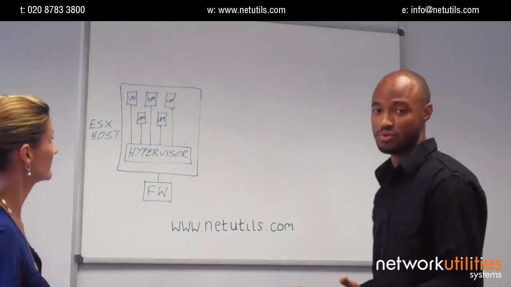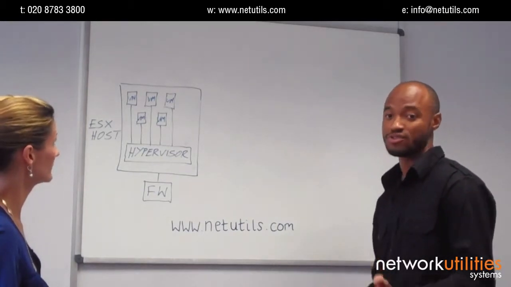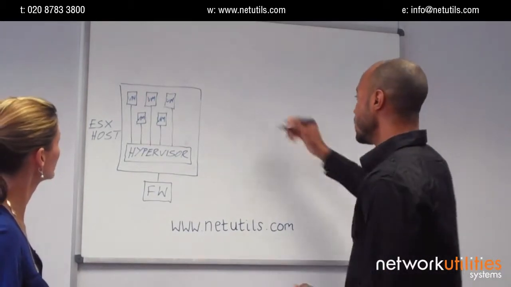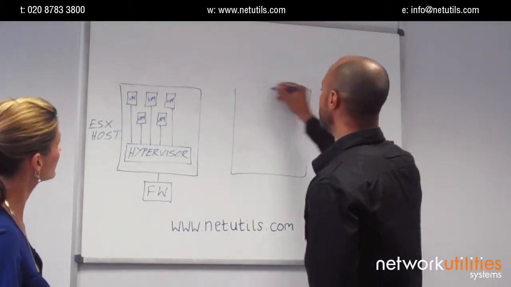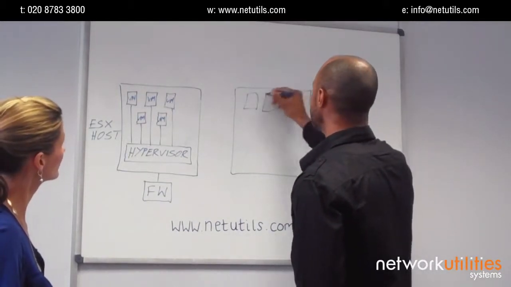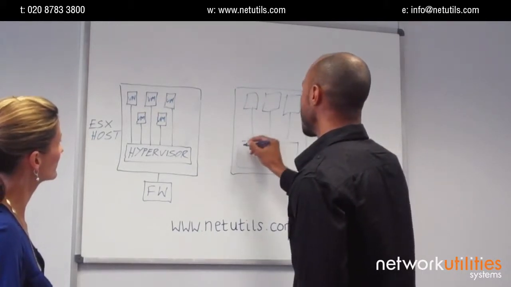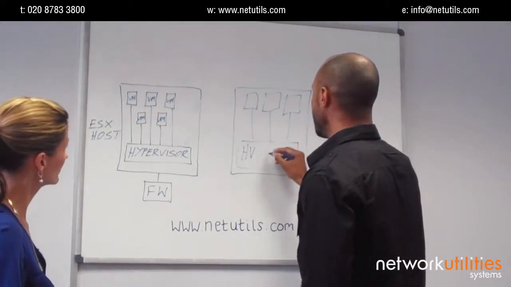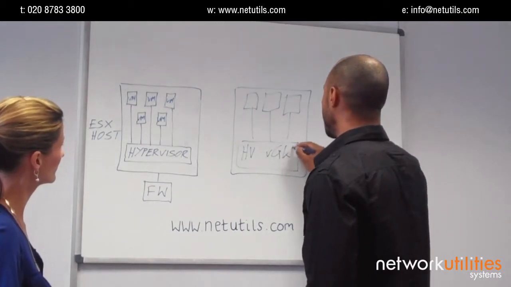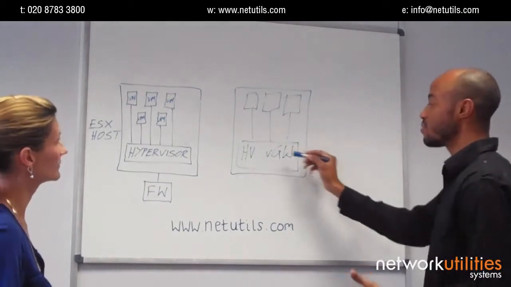With VGW, which is essentially a virtual stateful firewall, it works slightly different. In a similar environment where you have guest machines connecting up to the hypervisor, VGW runs within the hypervisor.